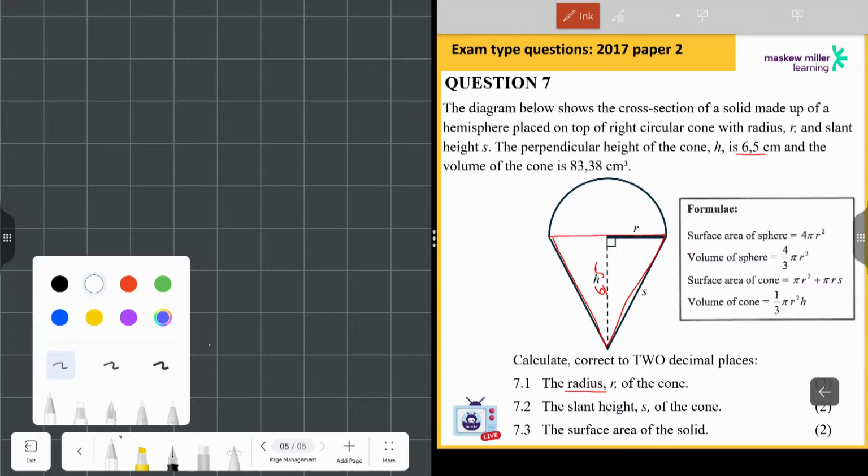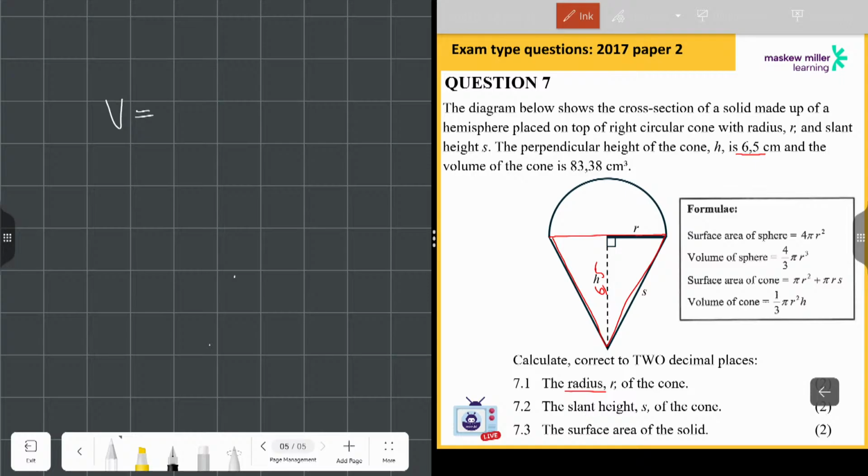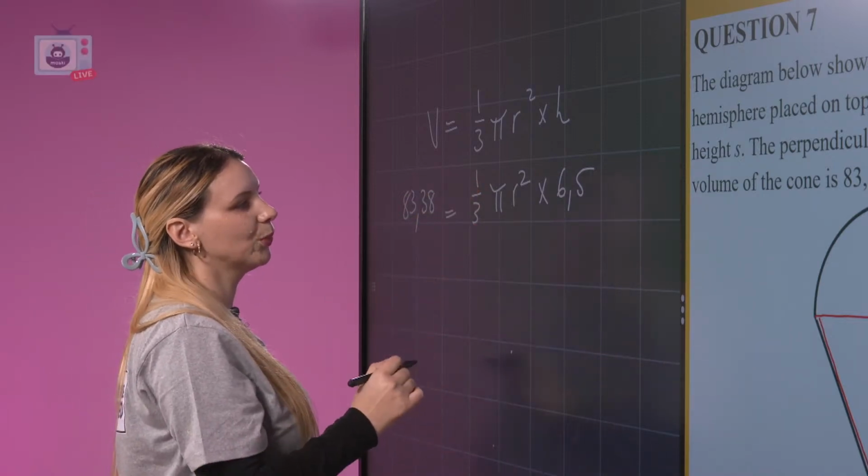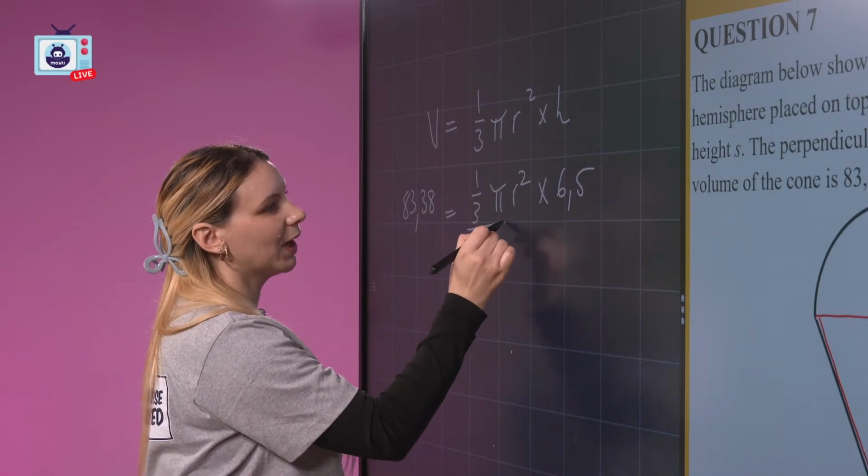Let's get started. The volume of a cone formula is 1/3 pi r squared times the height. We already know our height is 6,5, and we know our volume is 83,38. Now we're going to divide by whatever is being multiplied by r squared, so that is 1/3 pi and 6,5.